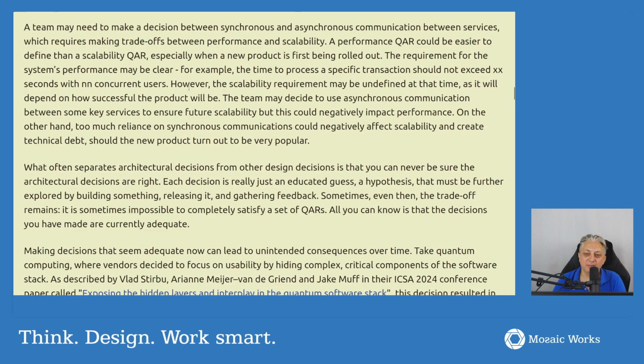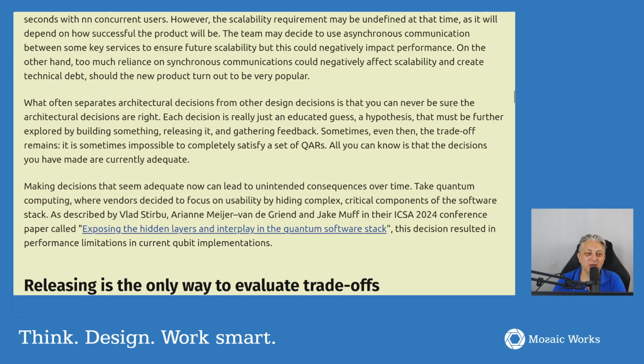However, the scalability requirement may be undefined at this time, as it will depend on how successful the product will be. The team may decide to use asynchronous communication between some key services to ensure future scalability, but this could negatively impact performance. On the other hand, too much reliance on synchronous communication could negatively affect scalability and create technical debt should a new product turn out to be very popular.